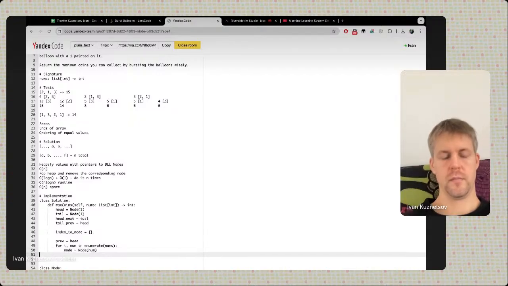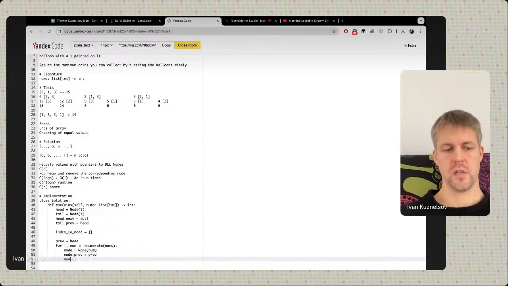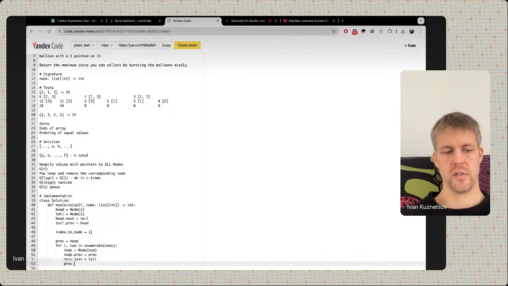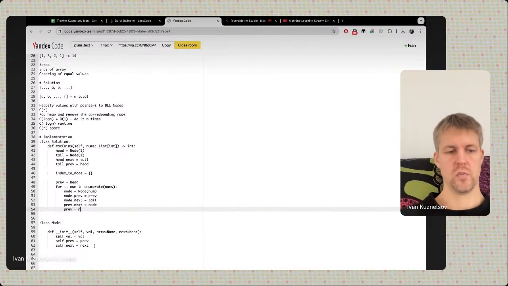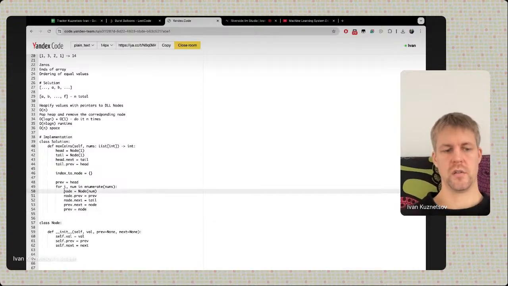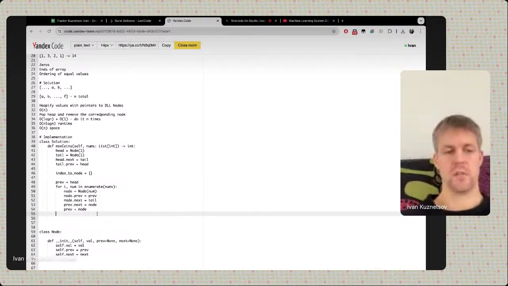Node will be node of num, and node previous will be previous, node next will be tail, previous next will be node, and tail previous will be node itself. So we are just adding all those nodes before the tail, but that's not everything that we need to do here.